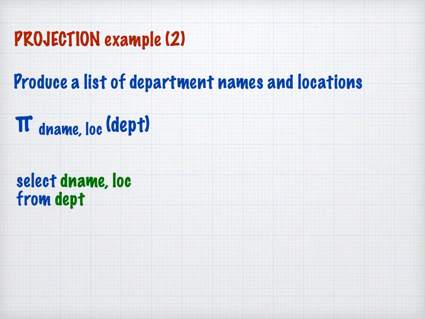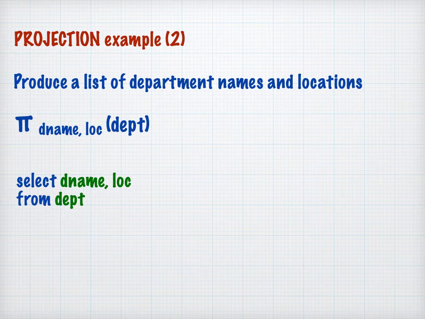Now we need to be careful that we use the names from the table. So department name is called dname and location is called loc, and we can see we separate them with a comma. And because we're going to do a projection, that means give me the whole column. That's that pi symbol at the front. So to read that aloud, I would say project dname and loc from the department relation.